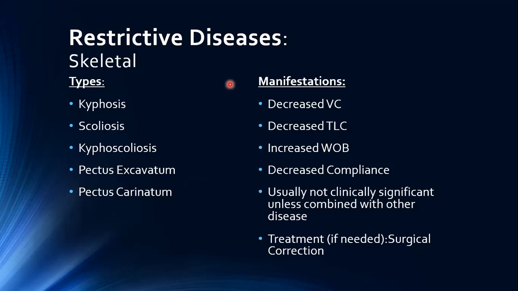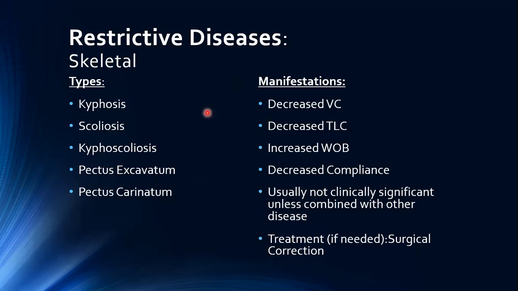You're going to learn that in skeletal disorders, if my skeleton and my bones are not functioning properly or are structured wrong by birth, that blocks my lungs from expanding. You're going to see some of those as we go on.